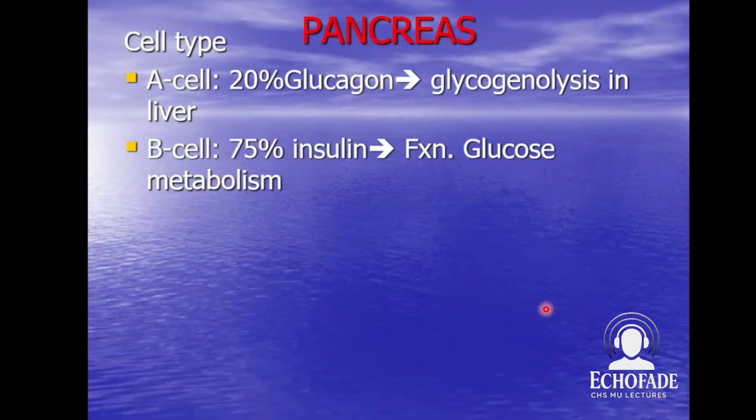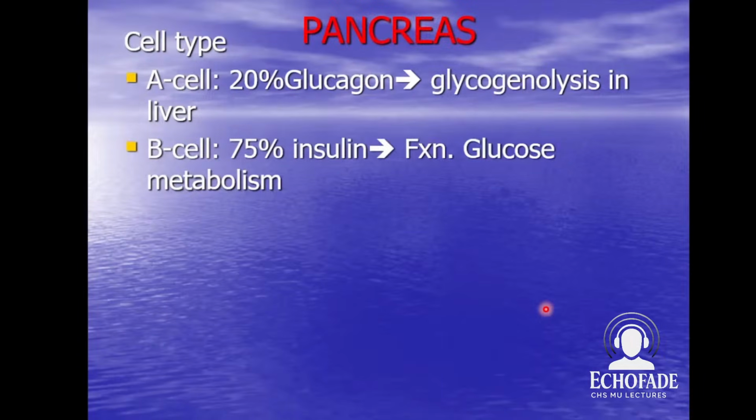Where we have less insulin in circulation because of damage to B cells, then you end up with diabetes mellitus, either type 1 or type 2 diabetes mellitus.